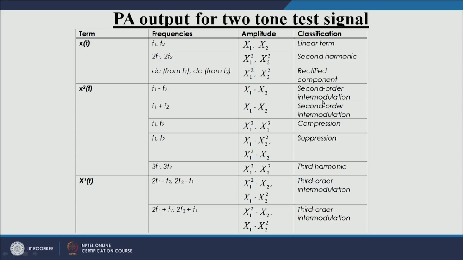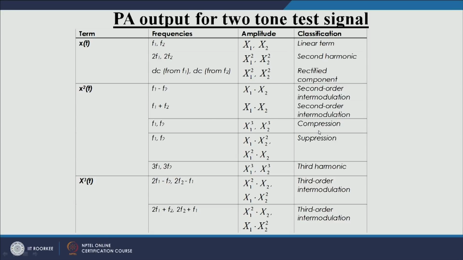Second order intermodulation components of the nature f1 minus f2 are simply the multiplication of the two amplitudes, whether it is subtraction or addition, just a multiplication of two amplitudes.